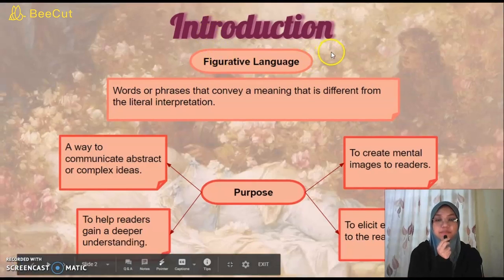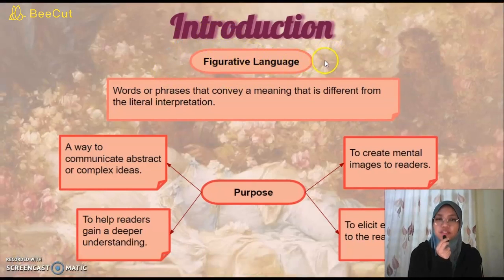Okay, so firstly, figurative language. What is figurative language? Well, we can understand figurative language as words or phrases used by the poet in their poems to convey a meaning that is different from the literal interpretation.